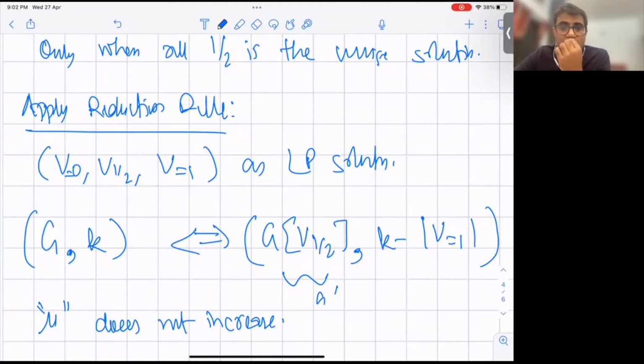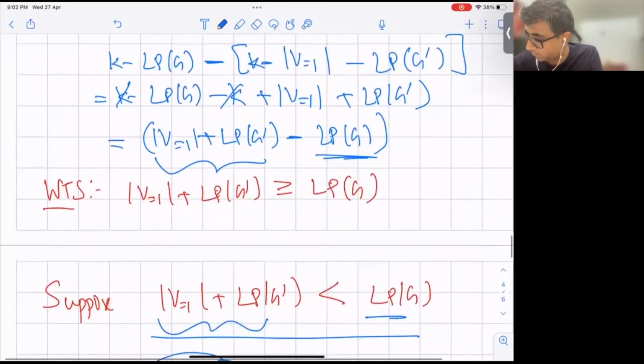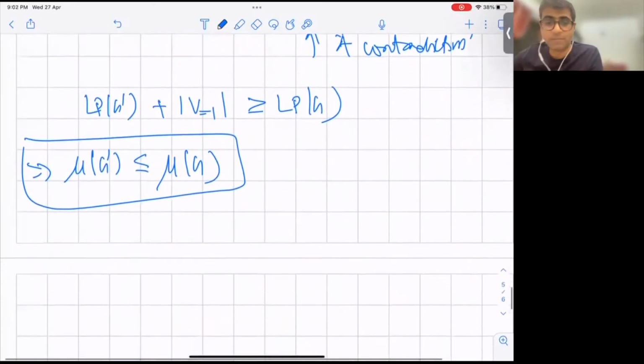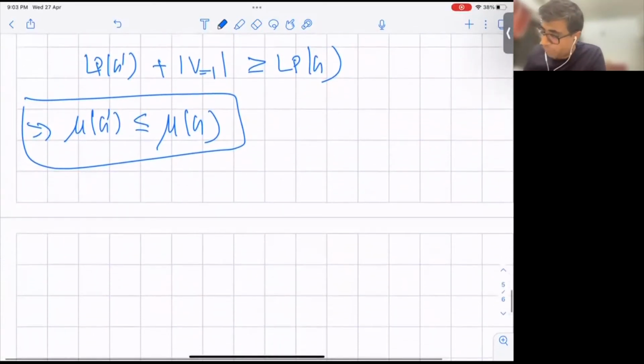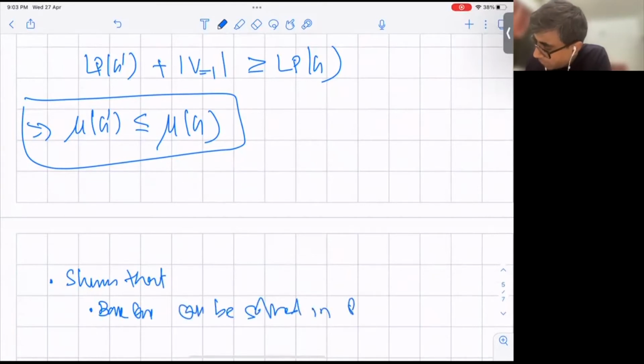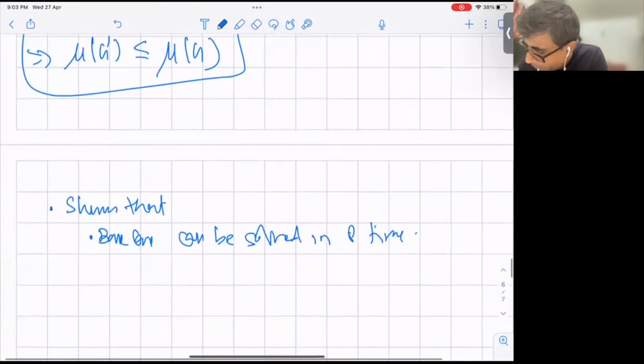So what we have been able to show? This is something you always have to be worried about. So we have shown that the base case can be solved in polynomial time.